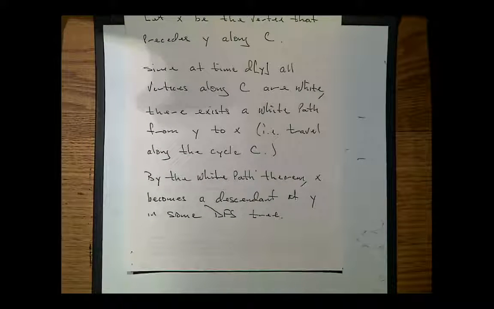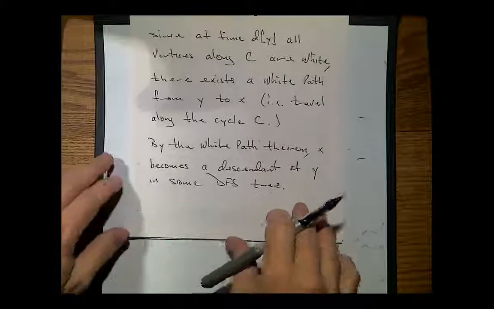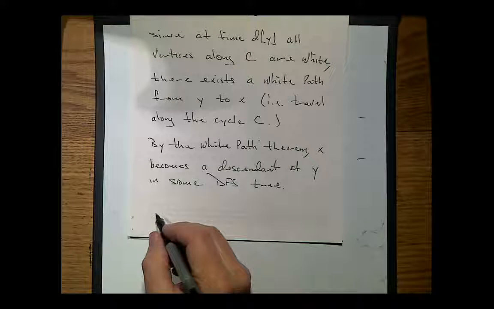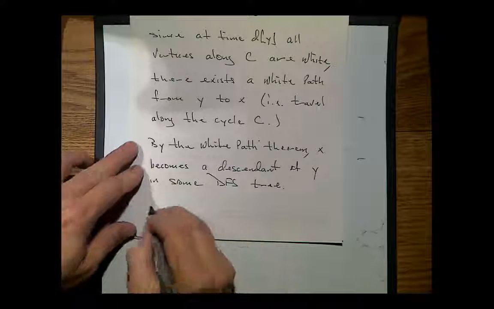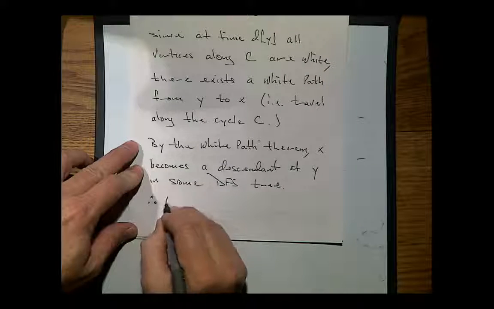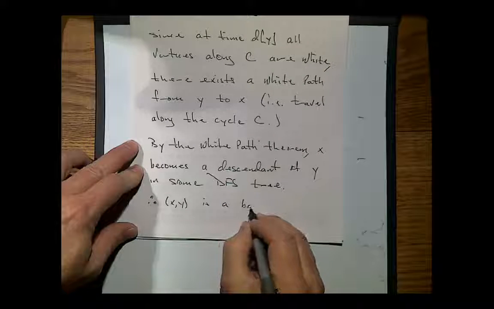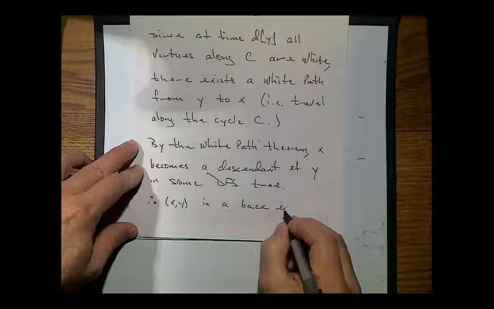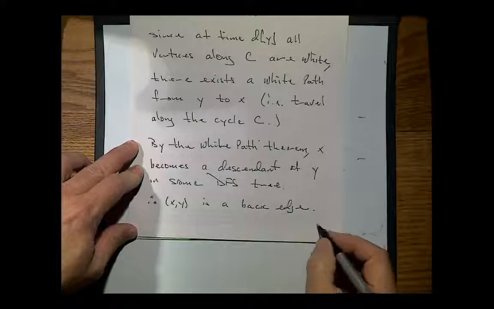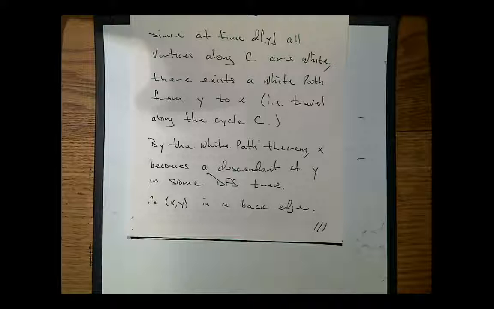So therefore, the edge from X to Y is a back edge, because it goes from descendant to ancestor. End of proof. That's what I needed to prove, that there exists a back edge.